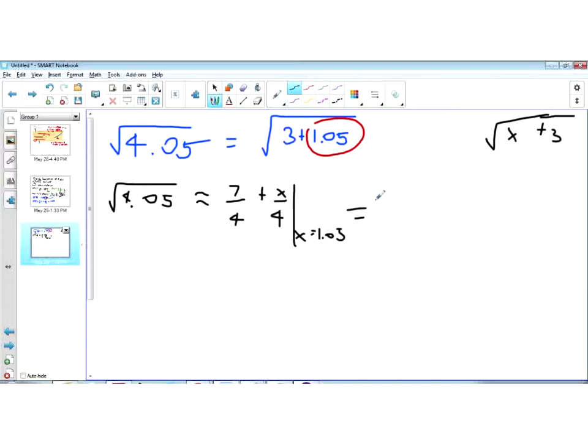And then when you do the math, the answer will be 2.0125. All right, so that's the advantage of utility of linearization.